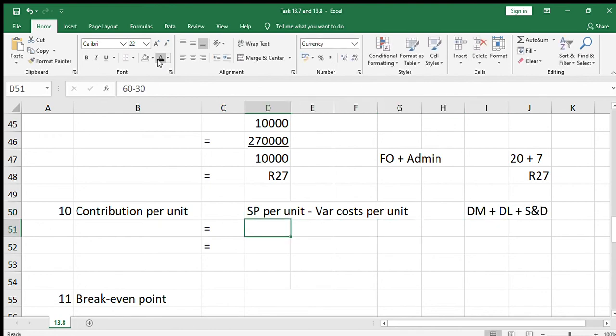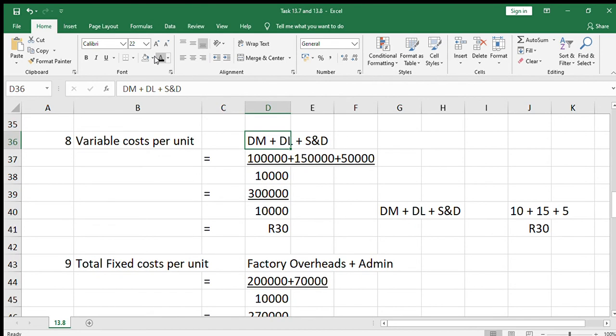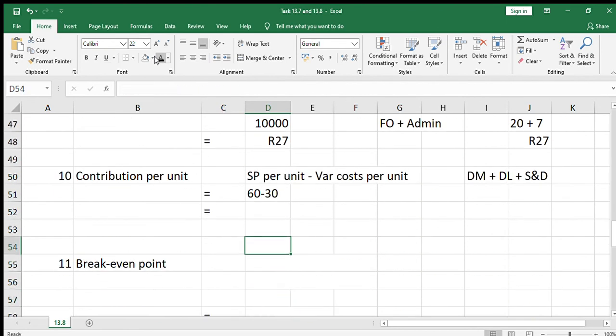So selling price per unit was given to us, it was 60 Rand per unit. And the variable cost per unit was 30 Rand. I think we calculated variable cost per unit in number 8. Let's go back there so you can see it. So our contribution per unit will be 60 minus 30, which is obviously 30 Rand.